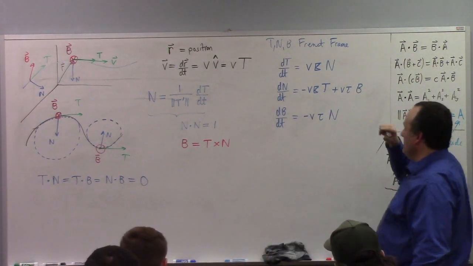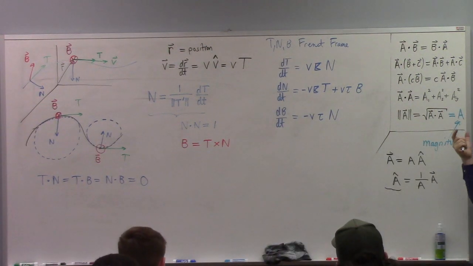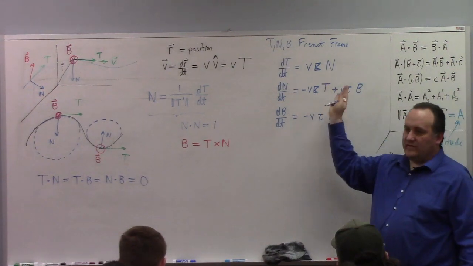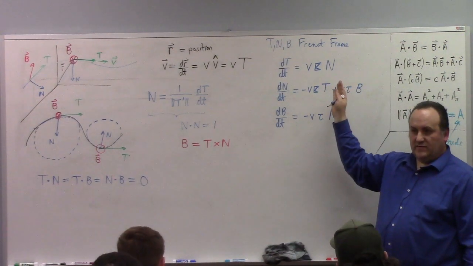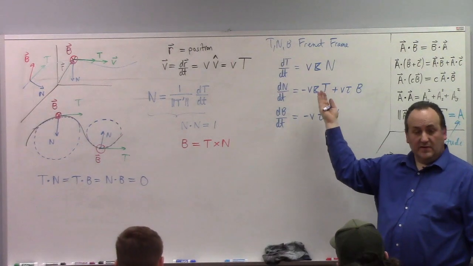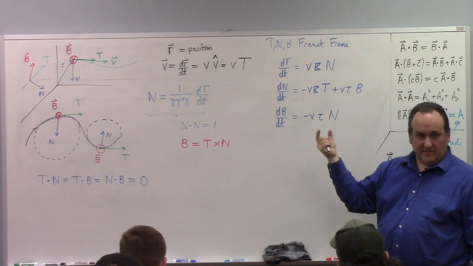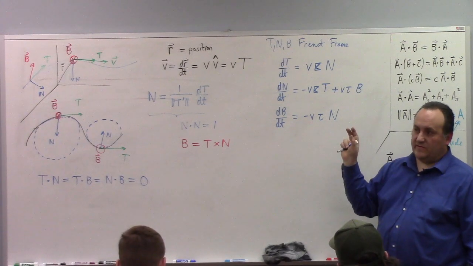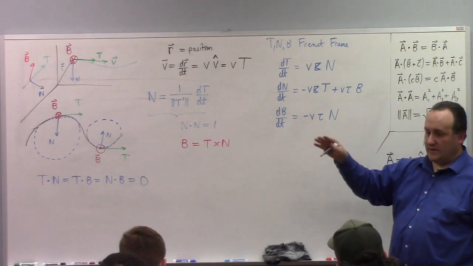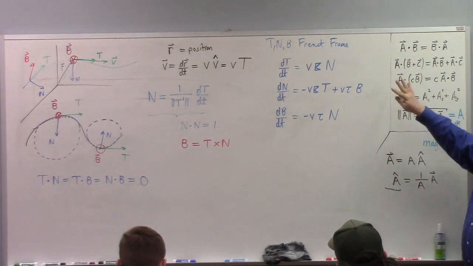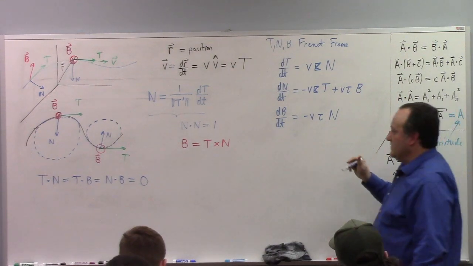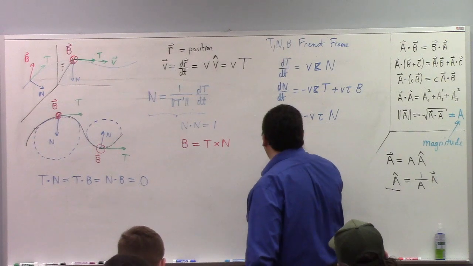So every one of these, the change in the Frenet frame, goes in the direction of the other ones. All they can really do is change direction because they're unit vectors, so they change directions one into another as the curve continues. These equations are called the Frenet-Serret equations. They describe the time evolution of the frame.